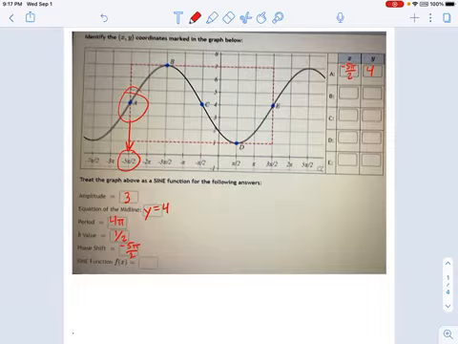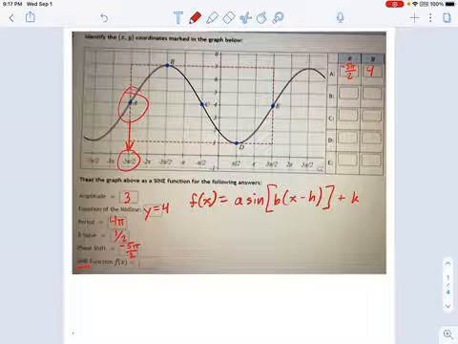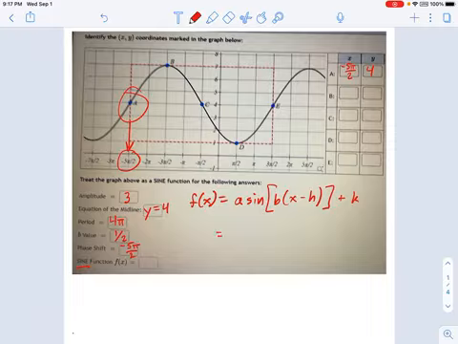Now, how do we roll all these things together to form a sine function? Well, for this you need to know the general form equation, f of x equals a sine b times x minus h, plus k. So what do we have? The amplitude is 3.